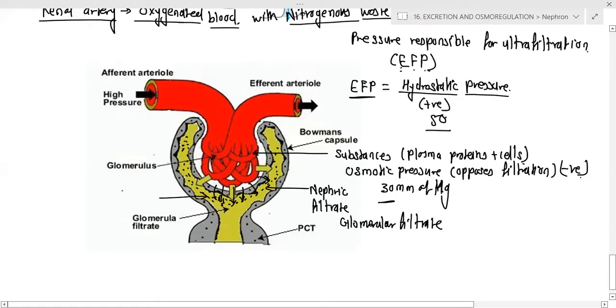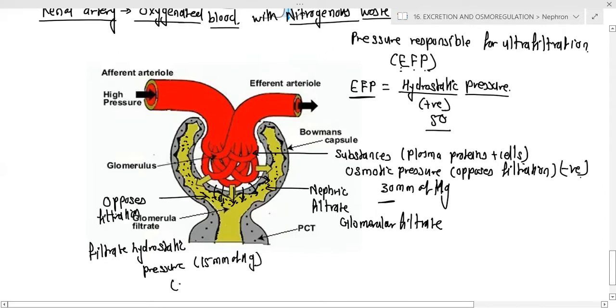It will also oppose filtration. And this pressure which opposes filtration, created by the nephric filtrate, is called the filtrate hydrostatic pressure. If you see the notes, you will find all these things. It is 15 mm of Hg.